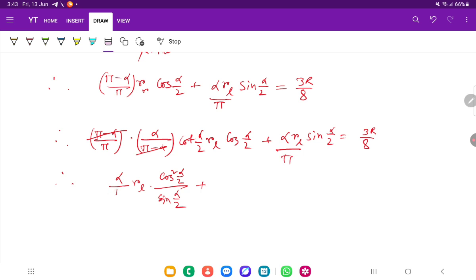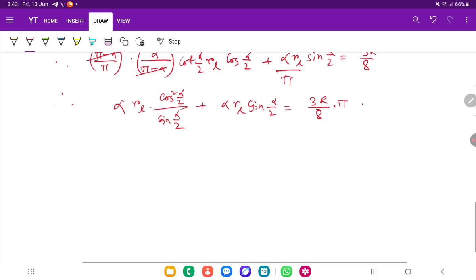So let's do one thing. We just multiply the π on the right hand side, right? So we'll get α RL sine(α/2) into 3R by 8 into π.